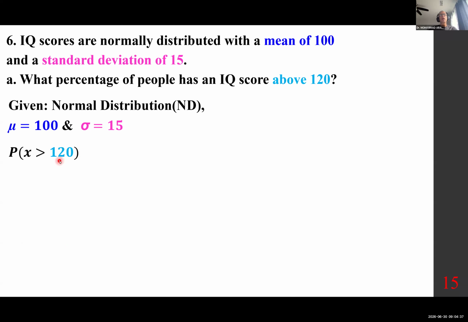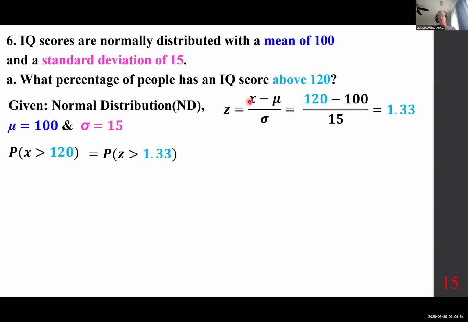Having said that, we're going to go with the z-score, which is X minus mu over sigma. And we have mu, we have sigma, and X is 120. Keep plugging.